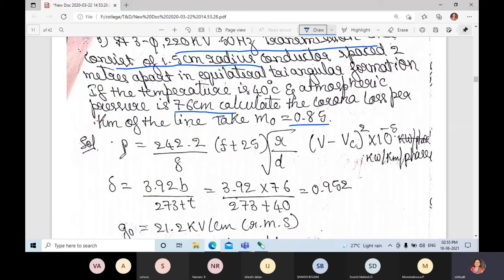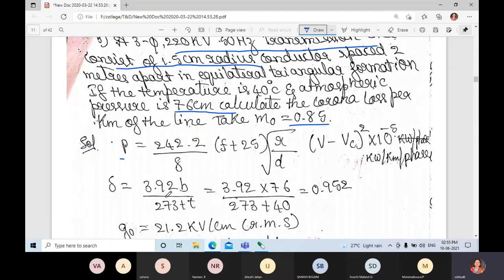What about the P value? There is a formula for corona loss per phase: P is equal to 242.2 divided by delta, into (F plus 25) square root of R divided by D, into (V minus Vc) whole square into 10 to the power of minus 5 kilowatt per kilometer per phase.